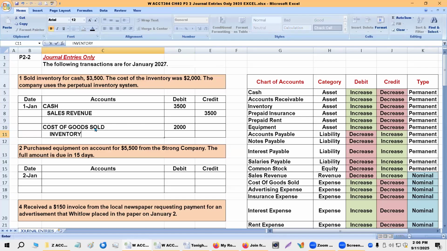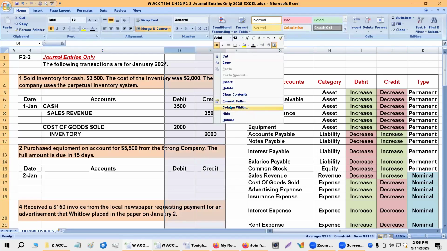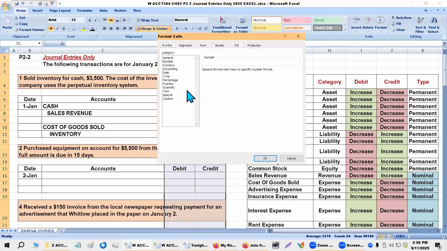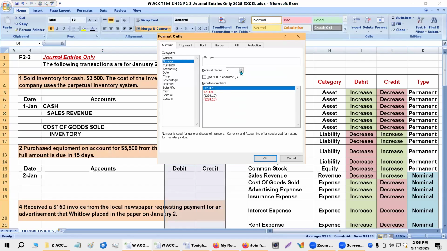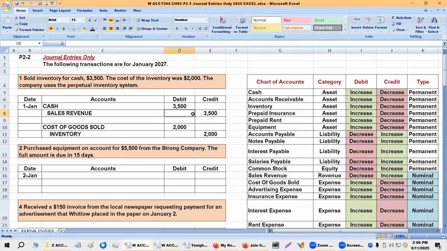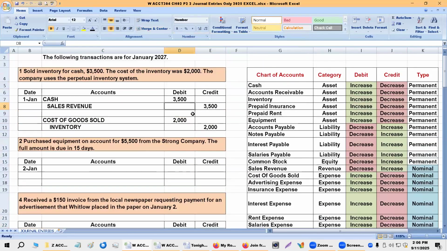Yep. And you can look over here, if you don't know the debit and credit: inventory, it's going to decrease. So we didn't actually give them cash, but we gave them inventory, what the inventory cost is. Pretty good.